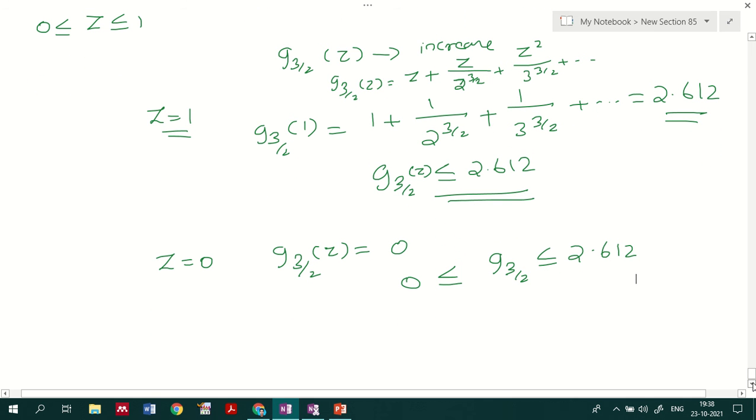Now if I draw a figure corresponding to this, I can easily represent the value of the Bose-Einstein function, that is g3/2. This is g3/2 of z, and here we have the value of z on the x-axis.